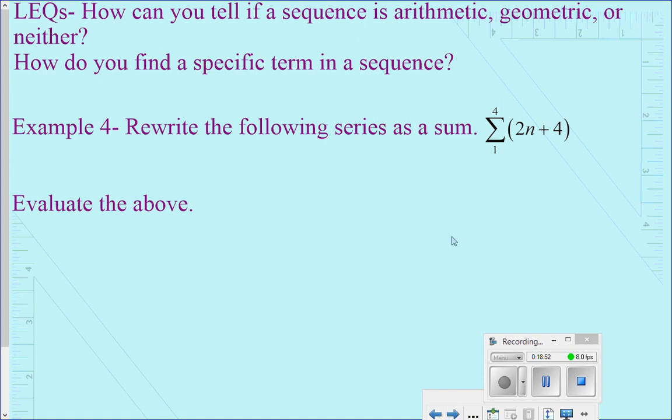Oftentimes you'll see that and you'll see a number here like n equals and then a number. What I've just indicated there on the bottom, that n equals 1, we call that the lower index. And the number on the top there, number 4, that is the upper index.